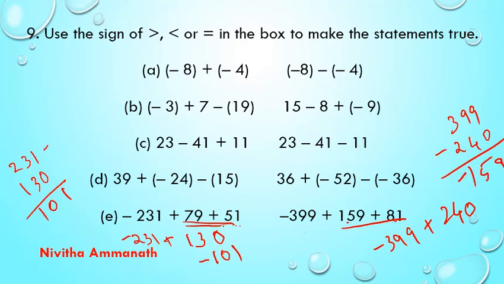So minus, no, not minus, because which is the greater? The greater one is 399. So you have to put the sign of the greatest integer. So minus 159. So which is the symbol? This is smaller. So this is greater. So greater than. This is the symbol.